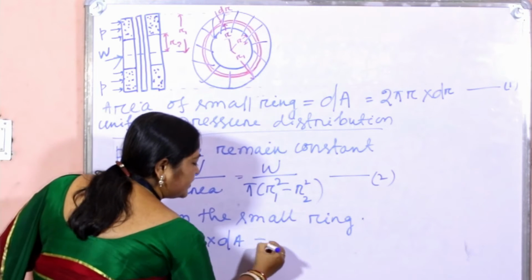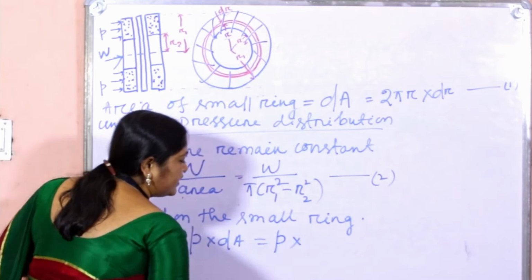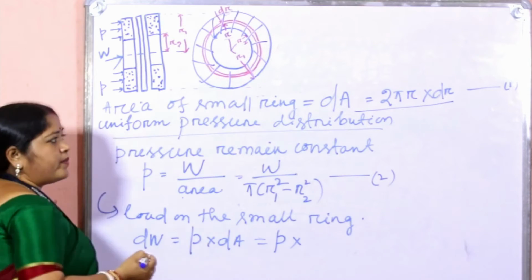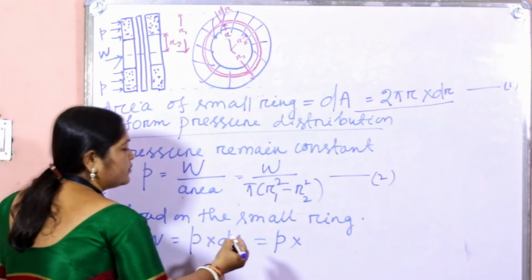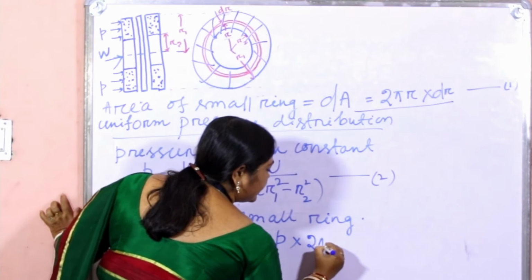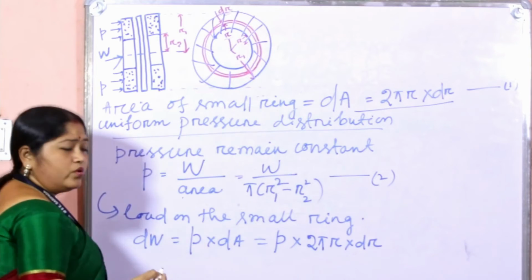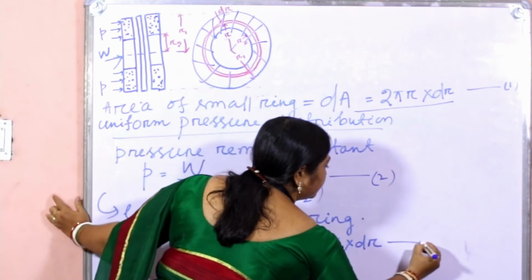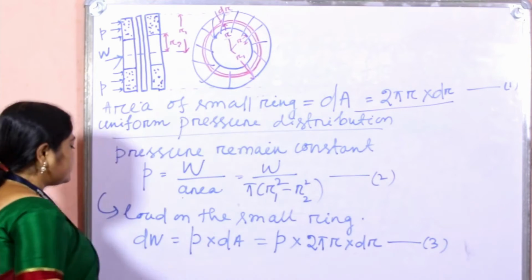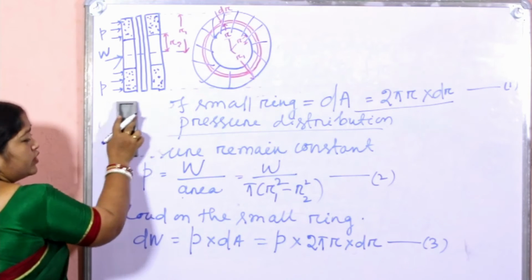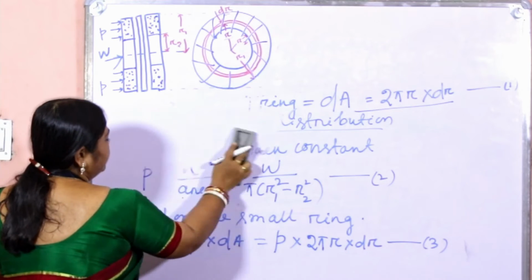Here the pressure remains constant. And dA is equal to 2 pi r into dr from equation 1, so in place of dA, I am writing 2 pi r into dr. Take it as equation number 3, dW. Then I am calculating the amount of frictional force developed.